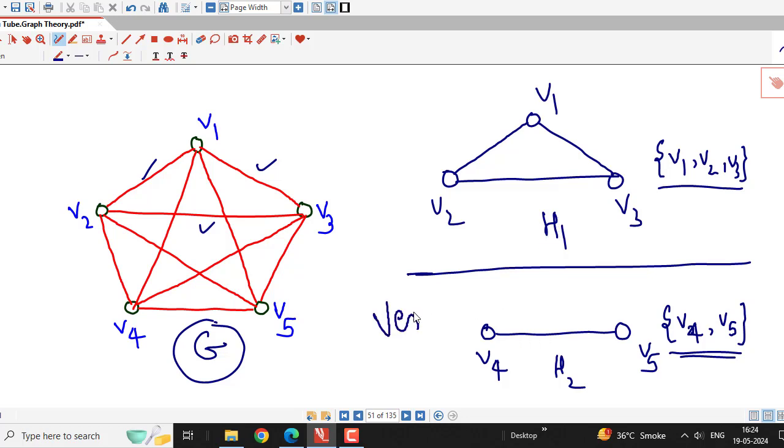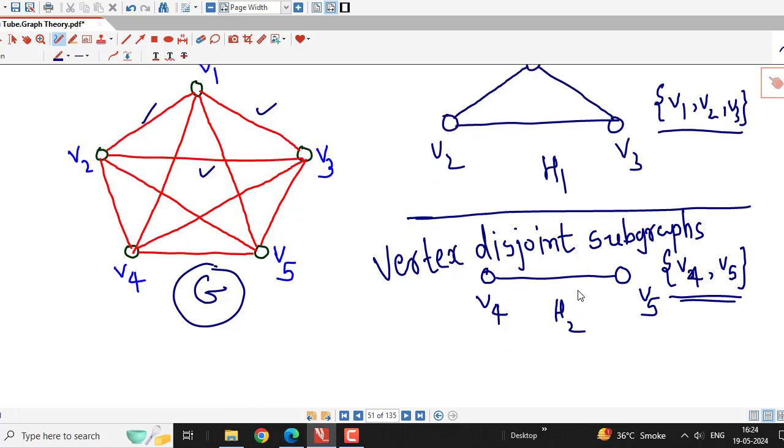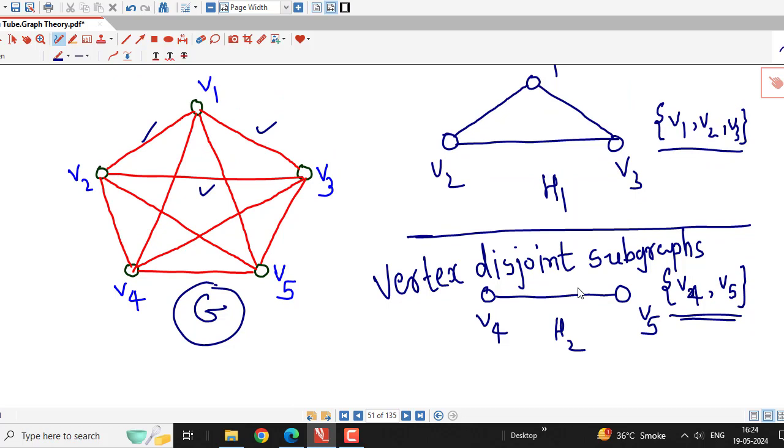This type of subgraphs are called vertex disjoint subgraphs. If there are no common vertices in 2 subgraphs, then they are known as vertex disjoint subgraphs, or sometimes only disjoint subgraphs.